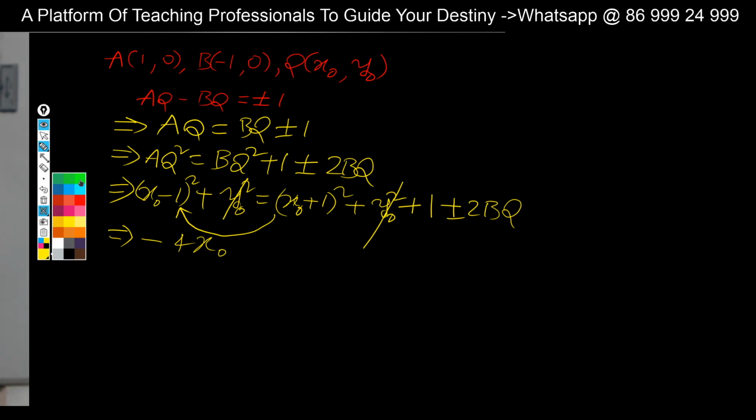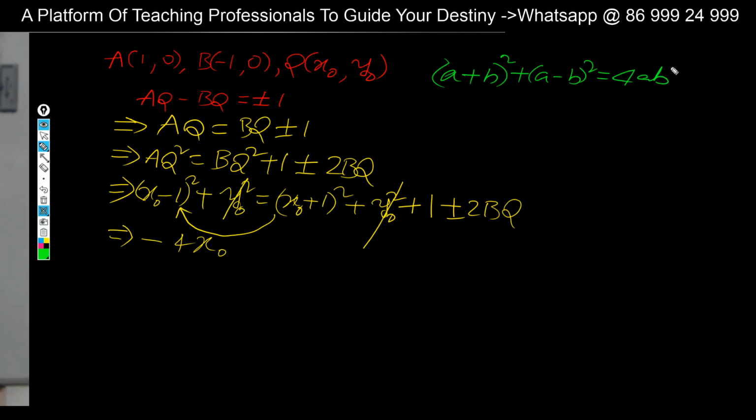Let me write the formula which is known to you: (a plus b) whole square plus (a minus b) whole square is equal to 4ab.